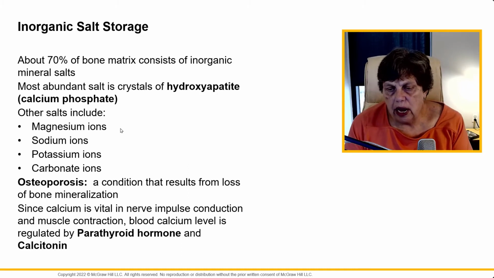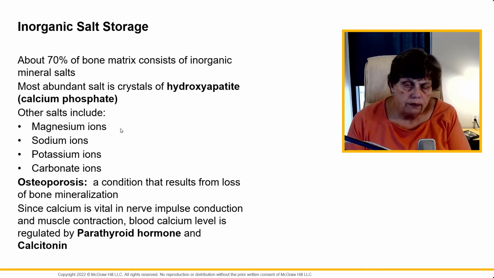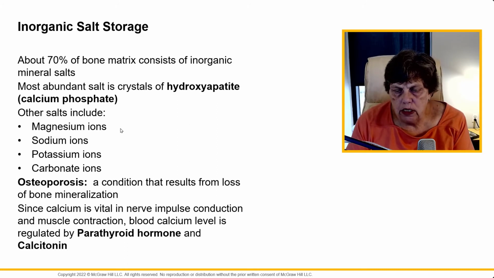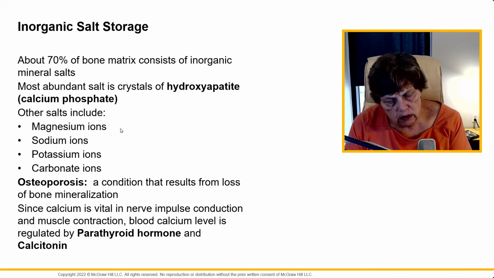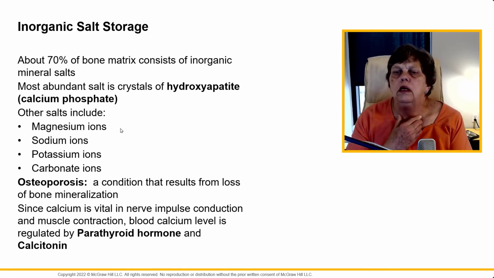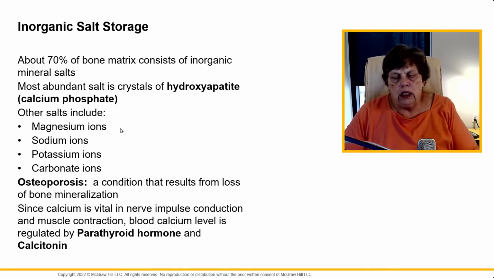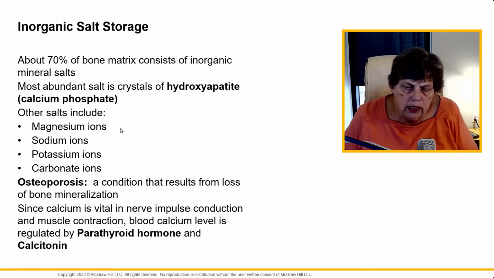The amount of calcium that is in that bone is regulated by two hormones. You'll get this in A&P 2, but it is the parathyroid hormone produced by the parathyroid gland, which are in your throat, and calcitonin produced by the thyroid gland. Parathyroid hormone increases the amount of calcium in the peripheral blood.